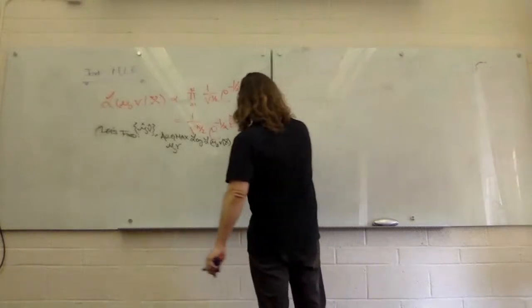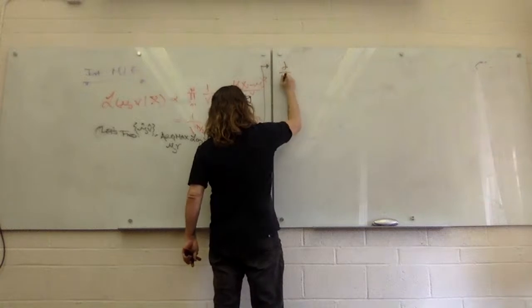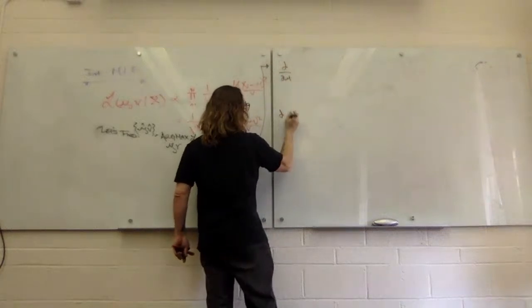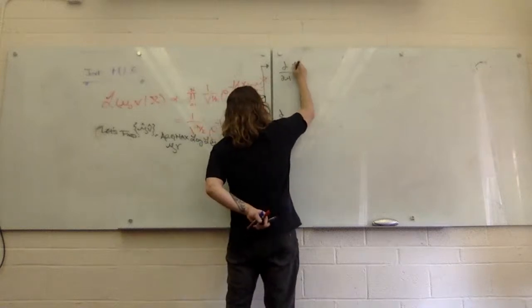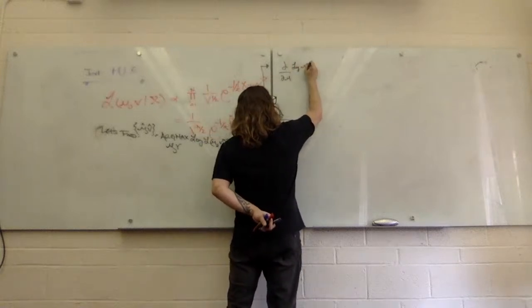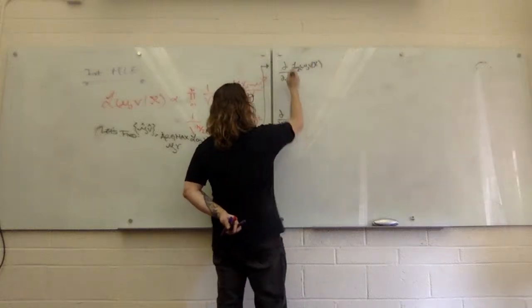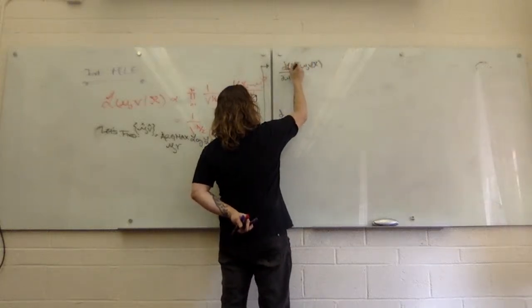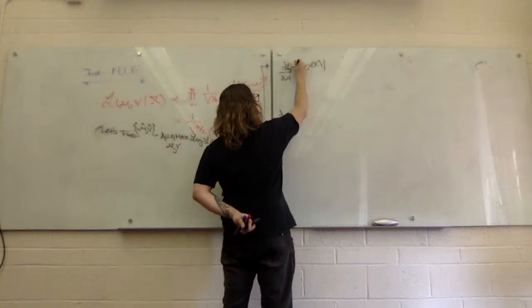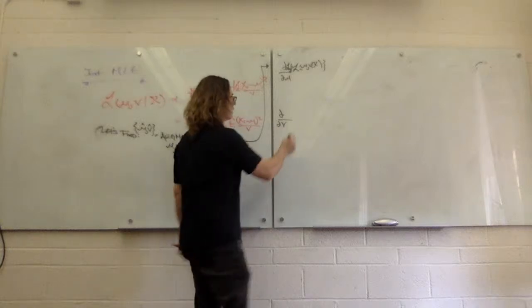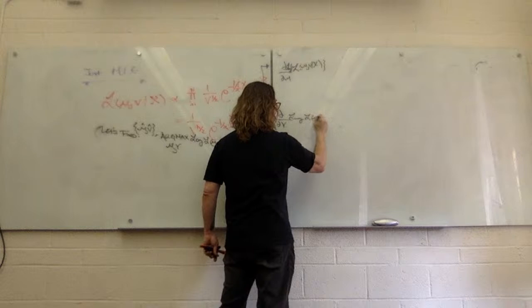I'll start with mu, and then I'll work on V. And I'll take a logarithm in there. Log likelihood.